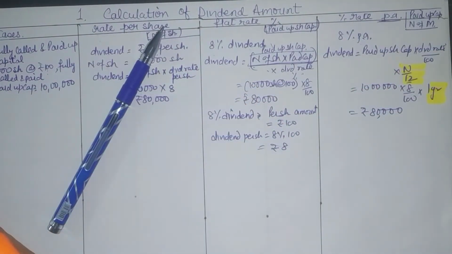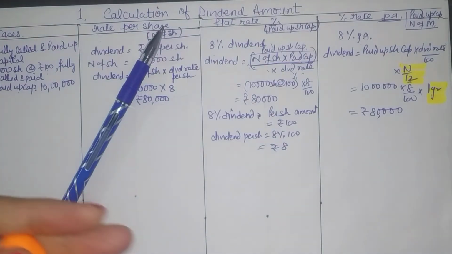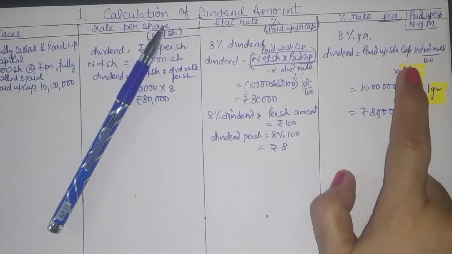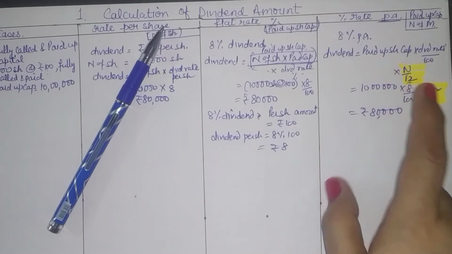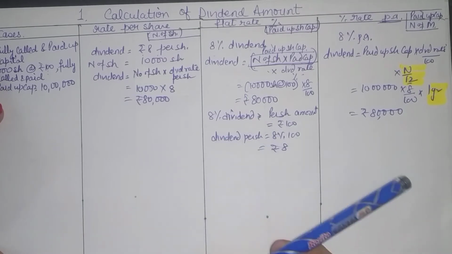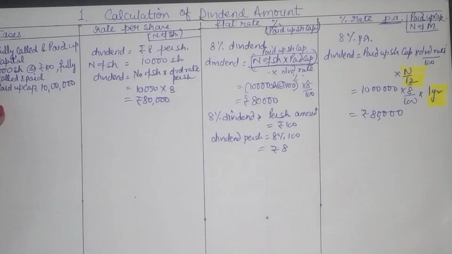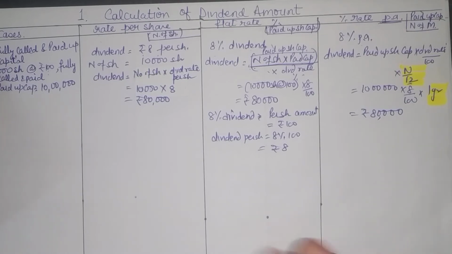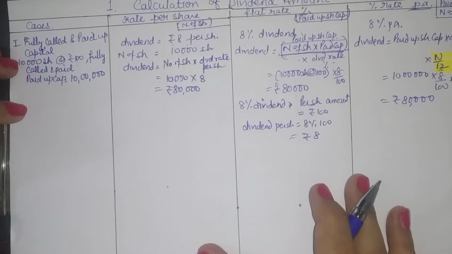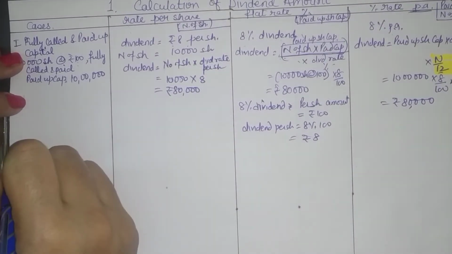Or if you have capitals being issued during the year, then you are going to get different amount here, because herein you are to consider the number of months, that is the time period is to be considered. But otherwise, if it is an annual dividend given at the end of the year, final dividend, it won't affect the amounts. Now let us take up the second case when the shares are not fully called.